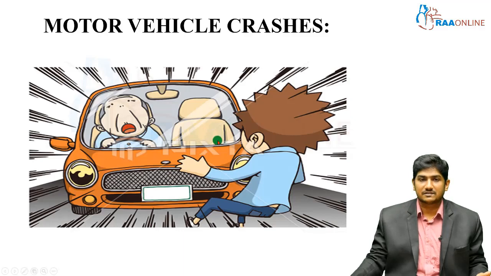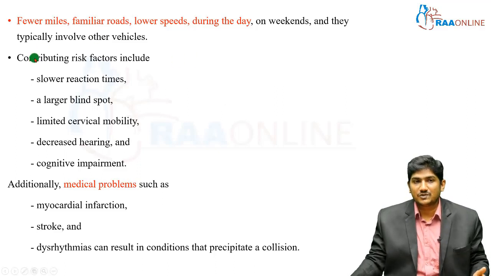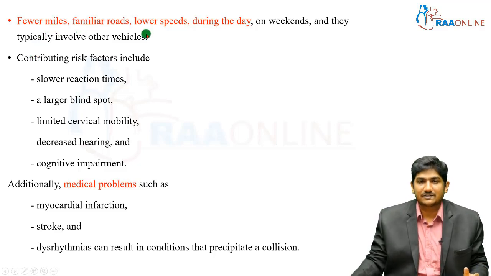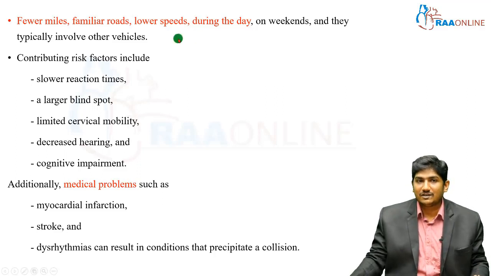Motor vehicle crashes. Usually if you see elderly people who drive and end up in an accident, you will see this kind of setup: they usually drive only fewer miles and only on familiar roads, at lower speeds, and during the day because daylight is available. They usually drive on weekends to see their loved ones, and crashes typically involve other vehicles because they are aware of all the stationary things.